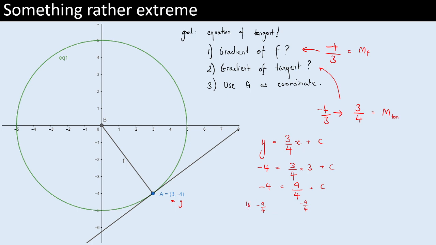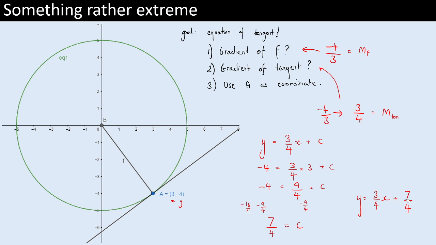So I'm doing 16/4, take away 9/4, which is 7/4, which is equal to c. So the equation of my tangent is y equals 3/4 of x plus 7/4. Oh, sorry, no, it's not.